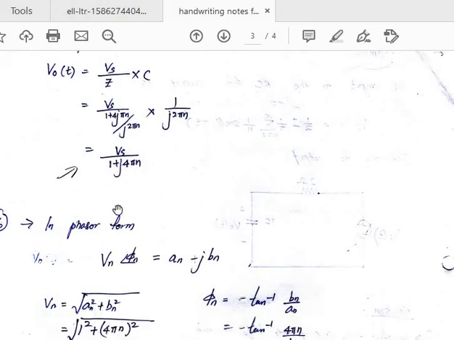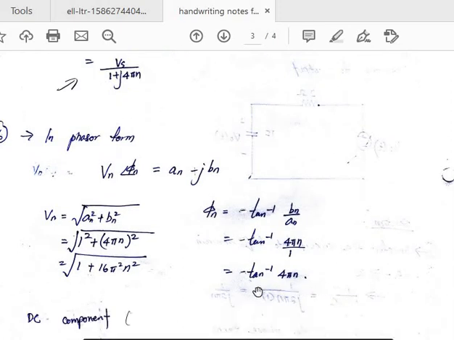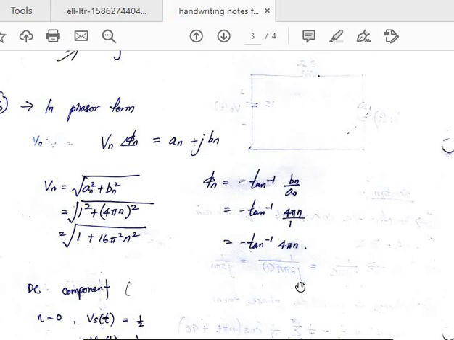Therefore An is 1, Bn is 4 pi n. You solve this, you get Vn, and the phase theta n is negative inverse tangent of Bn over An. So Bn is 4 pi n and An is 1, so you get negative inverse tangent 4 pi n.